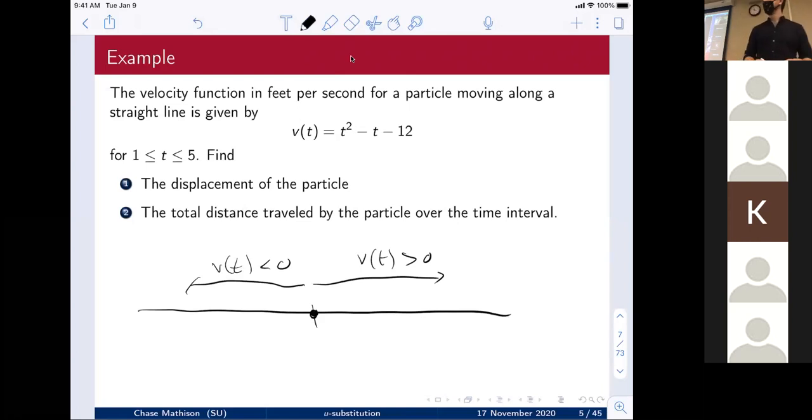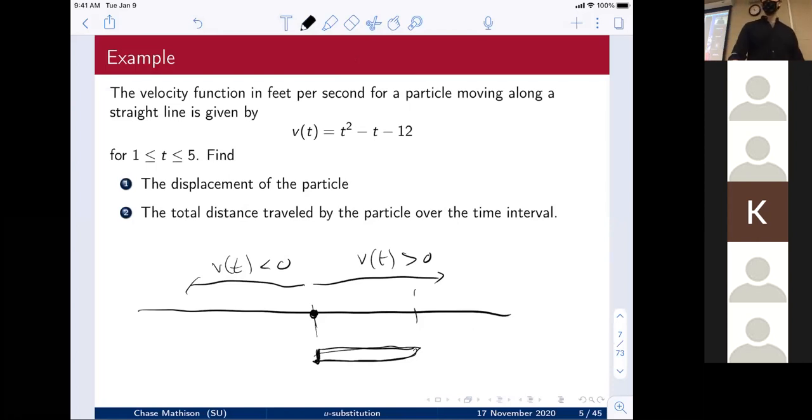Displacement would be the difference between where you start and where you end, but the total distance would be like, exactly. If this particle starts at this point and then moves right a distance of 1, and then moves back over to where it started, well, its displacement is 0. It started and ended at the same spot. But the total distance traveled was 1 over here and then 1 back. So it traveled 2 feet, okay?